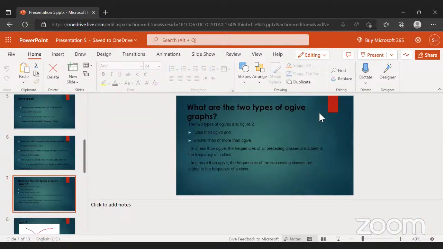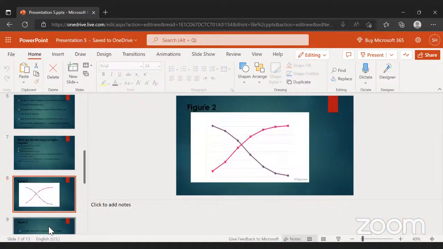We have two types of ogive: less than and greater than. In the less than ogive, the frequencies of all preceding classes are added to the frequency of the class. In the more than ogive, the frequencies of the succeeding classes are added to the frequency of the class. The shape will be like this.